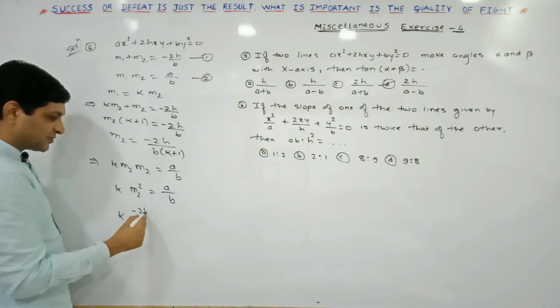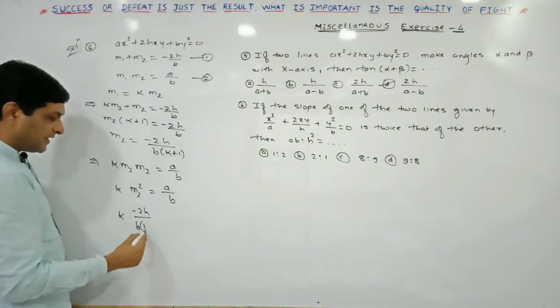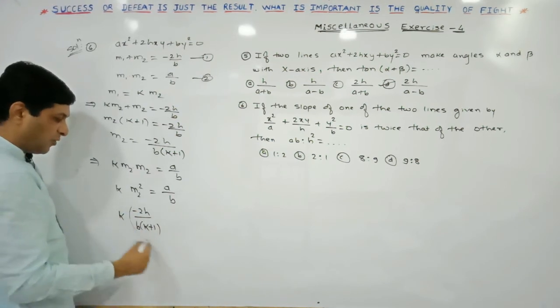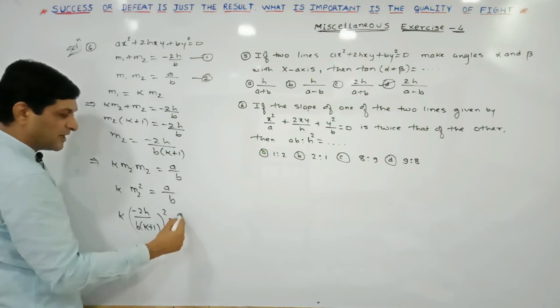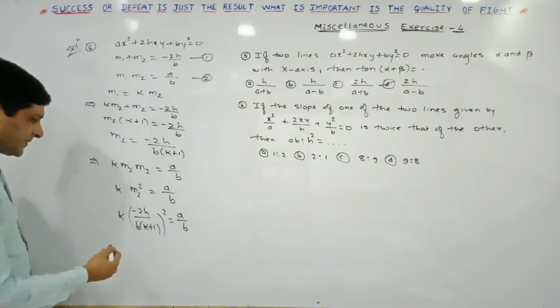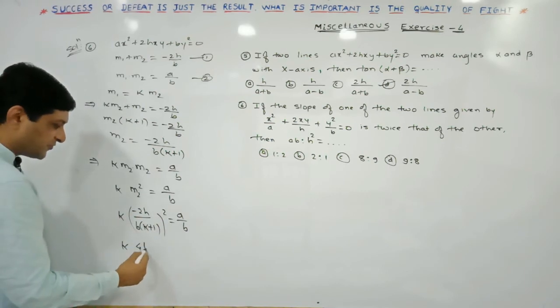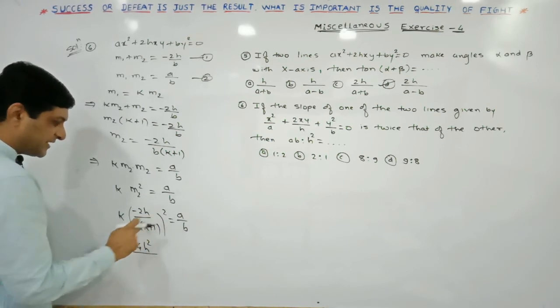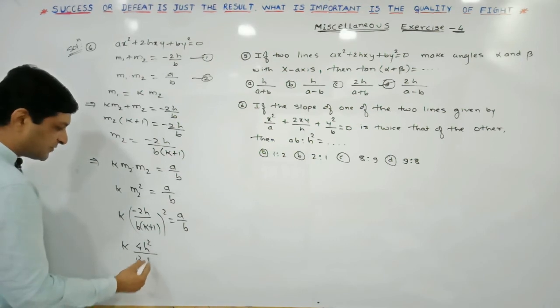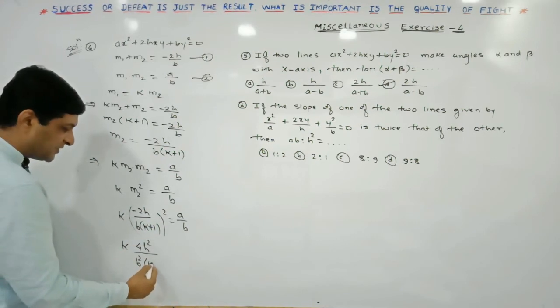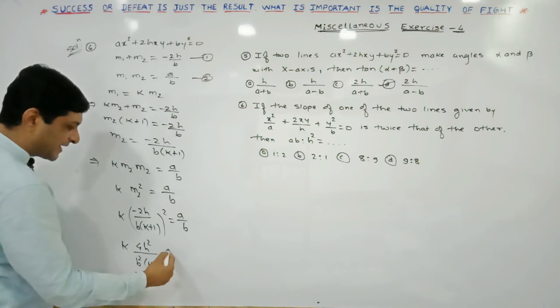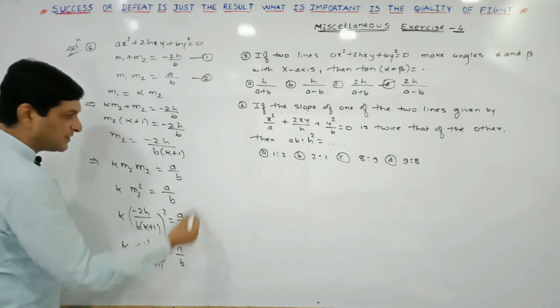So k times, minus 2h upon b into k plus 1, whole bracket square, is equal to a upon b. Now see what we'll get here. The square of minus 2h is 4h square. In the denominator, the square of b is b square, and the square of k plus 1 is k plus 1 whole bracket square. On this side a upon b, keep it as it is.